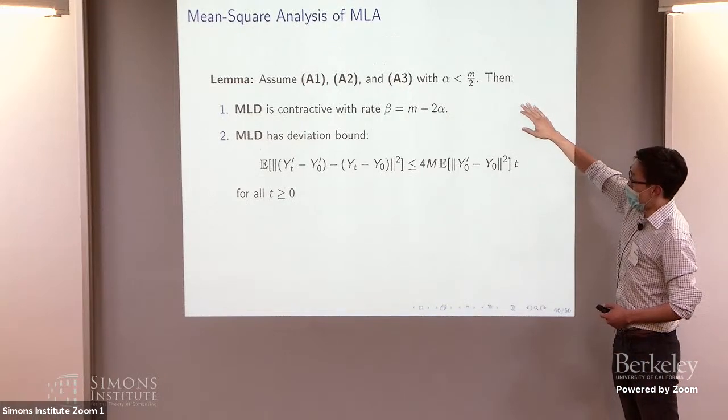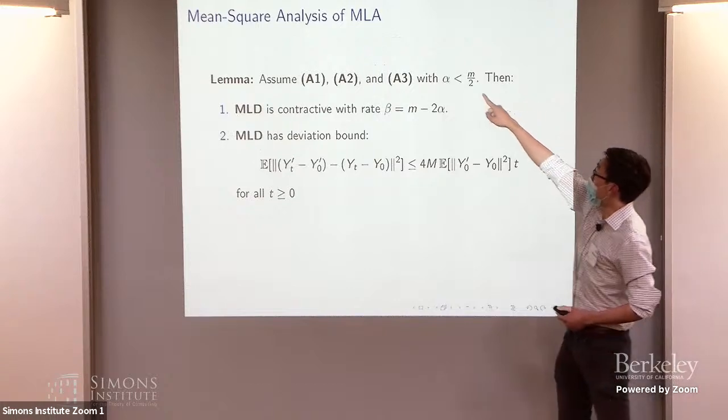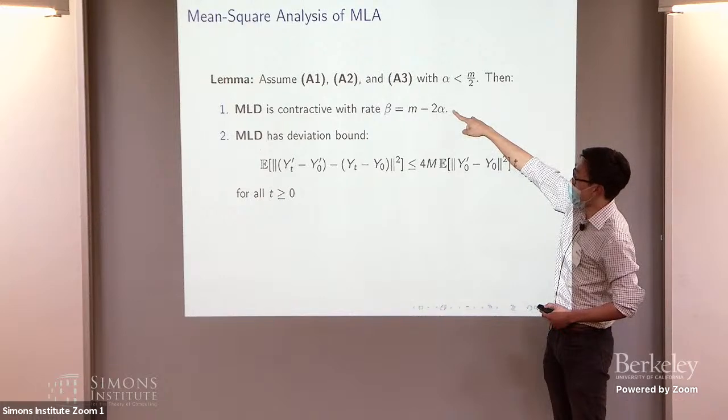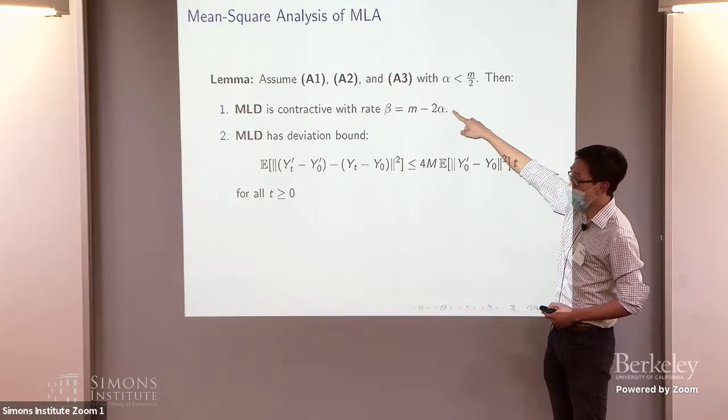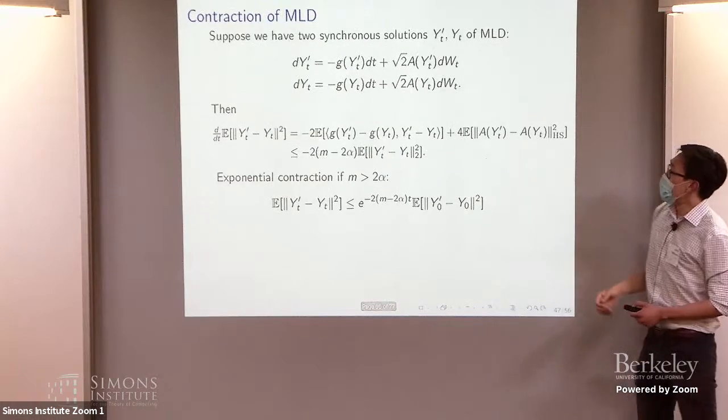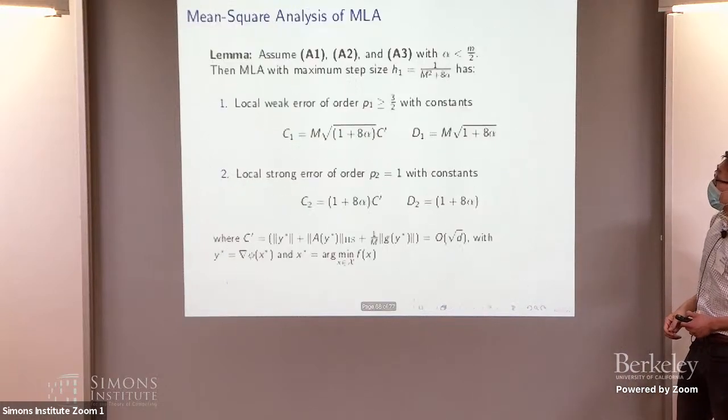Please check out the paper for the details, but we show that the assumption alpha less than m/2 implies that the dynamics is contracting with rate m minus 2 alpha. And we can check the deviation bound also. Let me skip the proof.